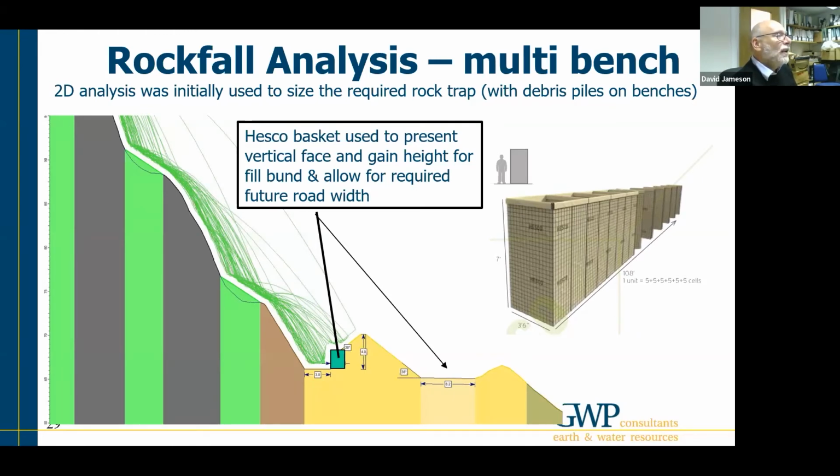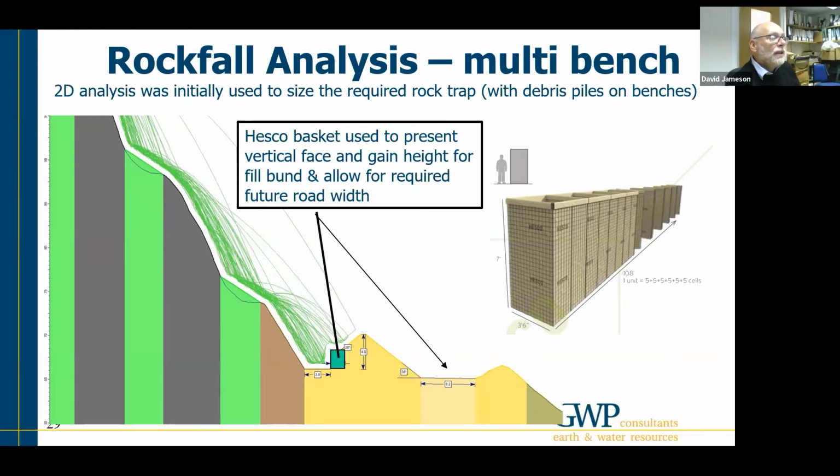And the solution was this system of HESCO gabion baskets, which are concertinaed gabion baskets, geotextile lined, and can be rapidly pulled out in a matter of minutes over 50 or 100 meters, and then backfilled with dust materials, and then you can heap your other rock trap forming materials on top of that as well.